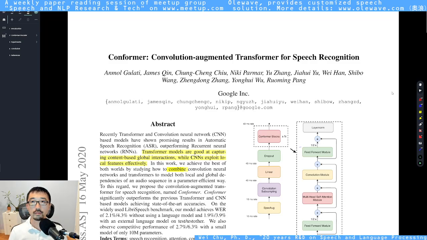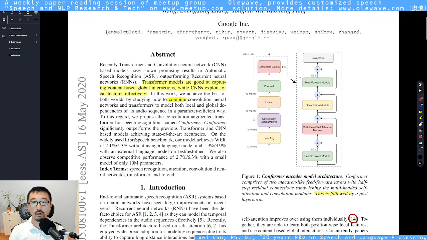because the conformer model is currently a state-of-the-art encoder module for speech recognition. I think first of all, the key thing the conformer brings is this: considering that transformer models are good at capturing content-based global interactions, while the CNN only explores local features effectively, these authors combine the transformer's self-attention with the CNN.